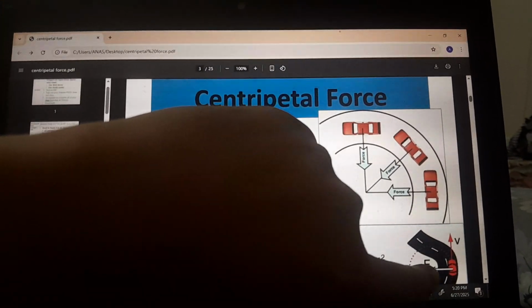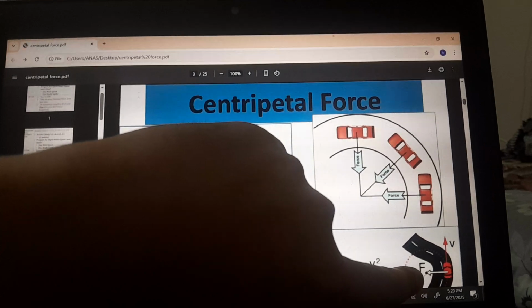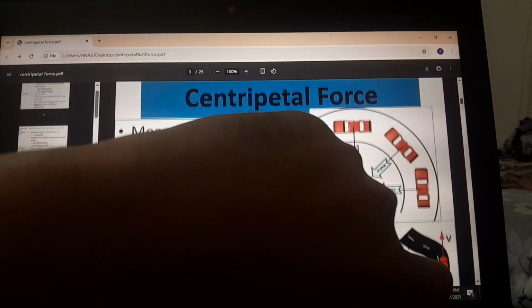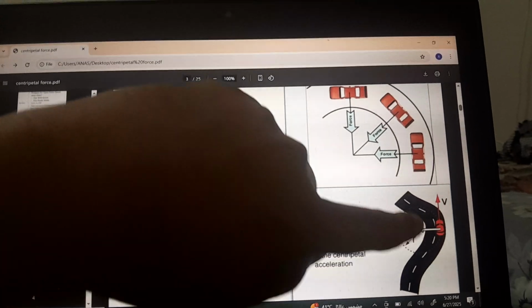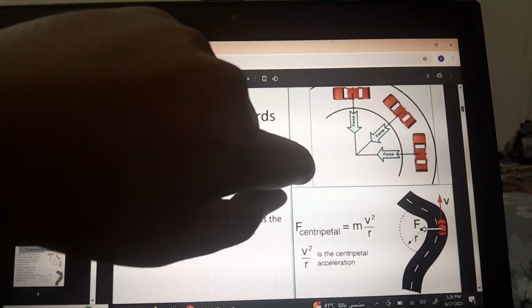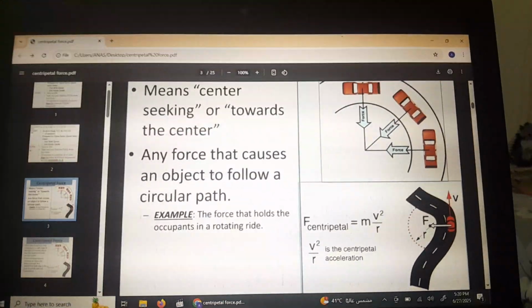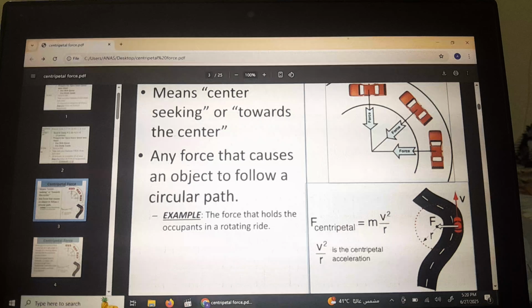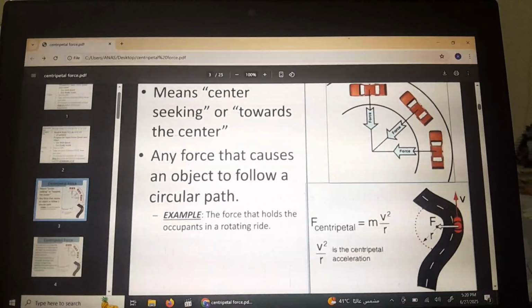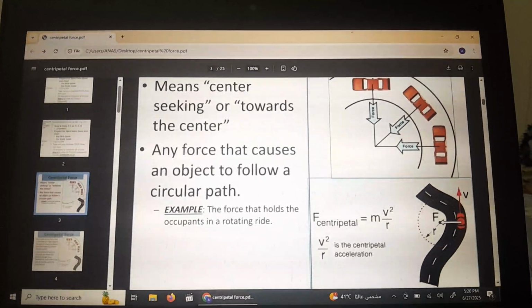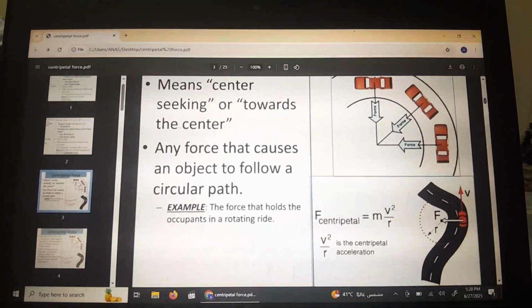But certainly, where does the force come from when a body moves in a circular track? There are many examples.